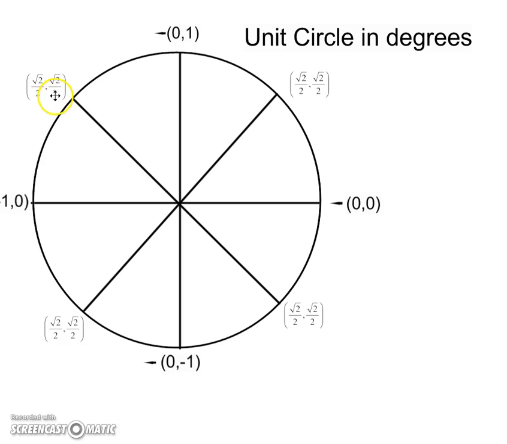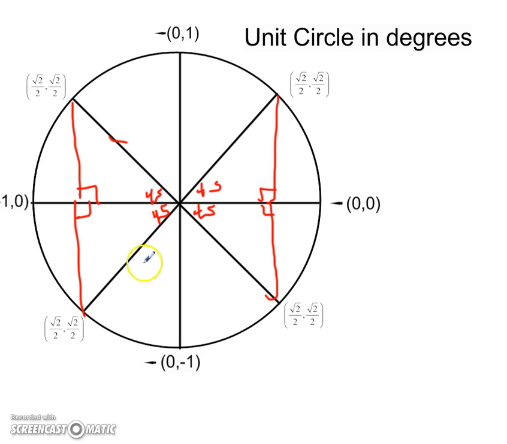And the reason why these coordinates are there is because I can build that triangle from each location. Each one of those is a 45, 45, 90. 45 here, 45 here, 45 here, 45 here.